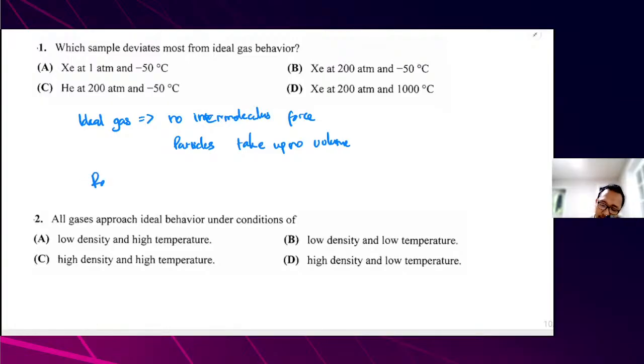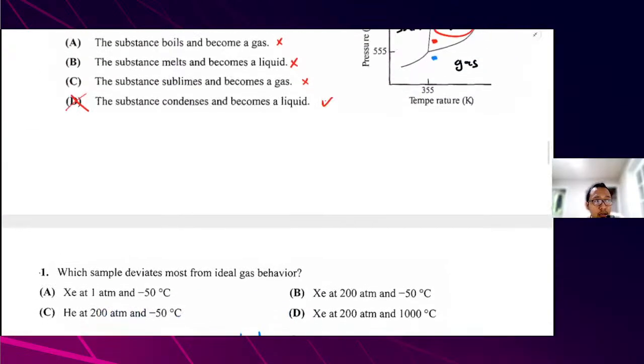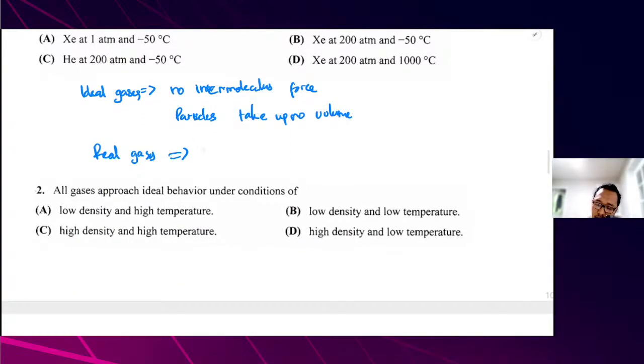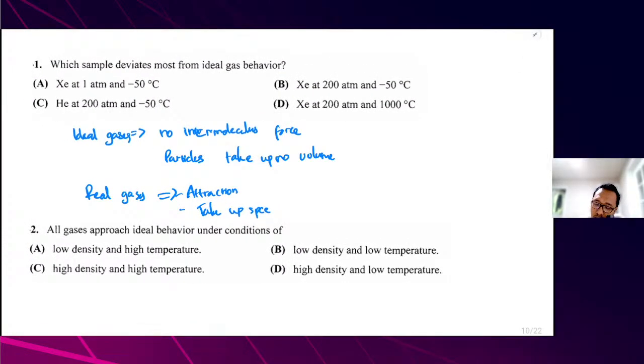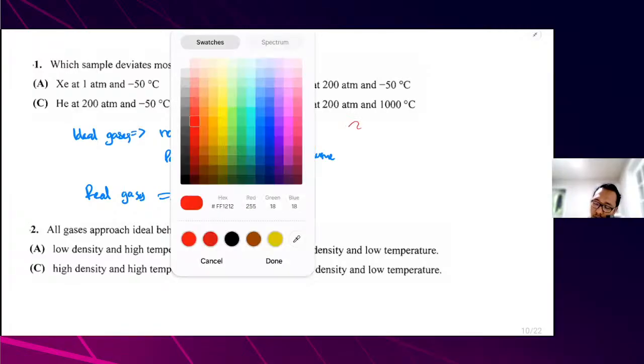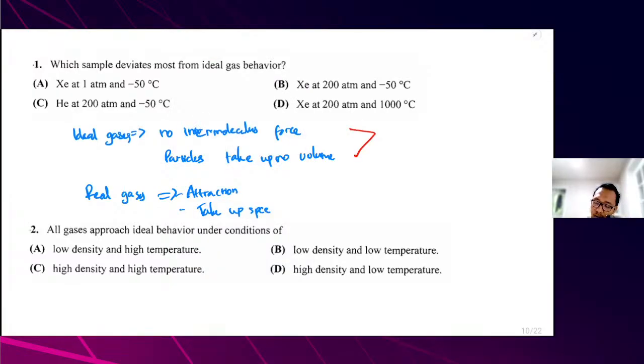And then the real case, okay, real cases have attraction, and particles take up space. So in this case, what we want to know is how to get no intermolecular force by lowering pressure.